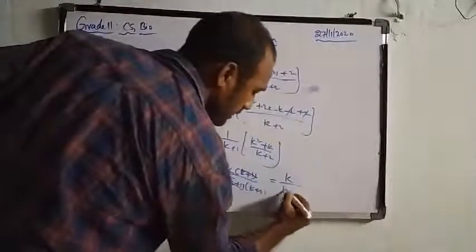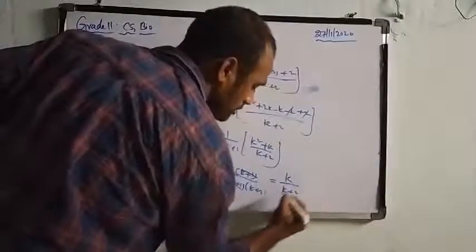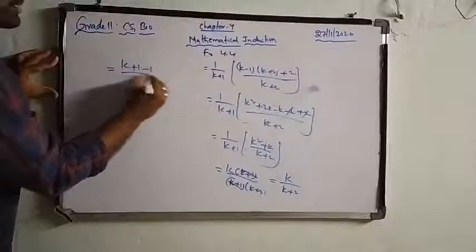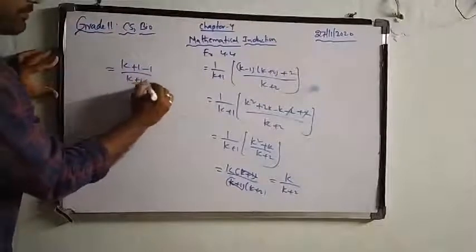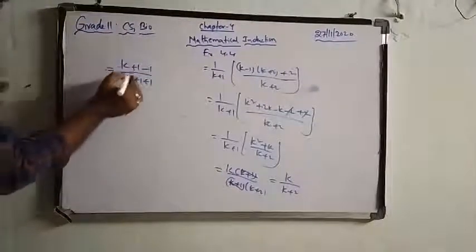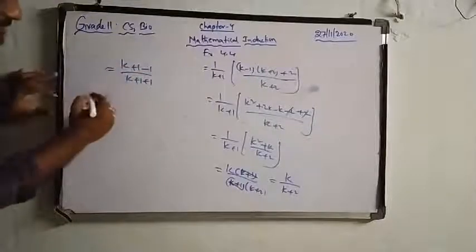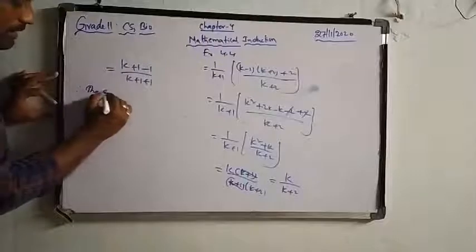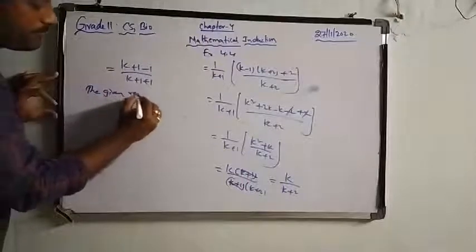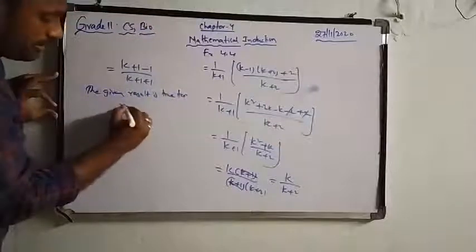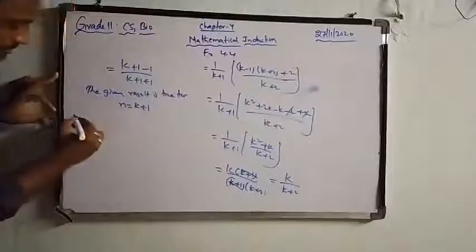So the left term is k/(k+2). That k/(k+2) can be written as ((k+1)−1)/((k+1)+1). So we got the equation in terms of (n−1)/(n+1) with n equals k plus 1. Therefore, the given result is true for n equals k plus 1.